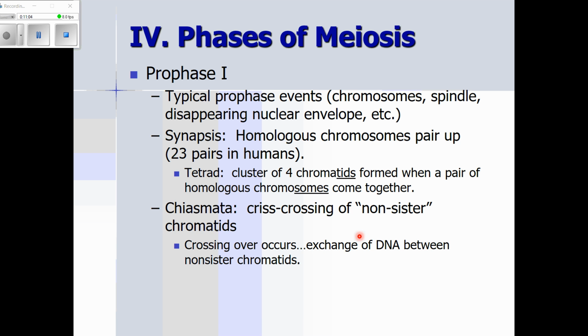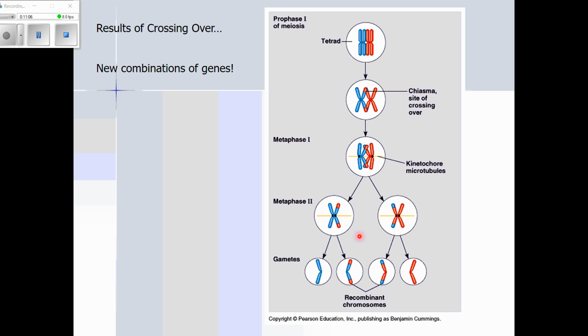All right. So this is another illustration of exactly what crossing over accomplishes. Here is a tetrad, a pair of homologous chromosomes. During prophase 1, they begin to swap DNA back and forth. And after metaphase 1, when they separate and eventually end up in separate cells, notice the blue chromosome has some red on it and the red has some blue.